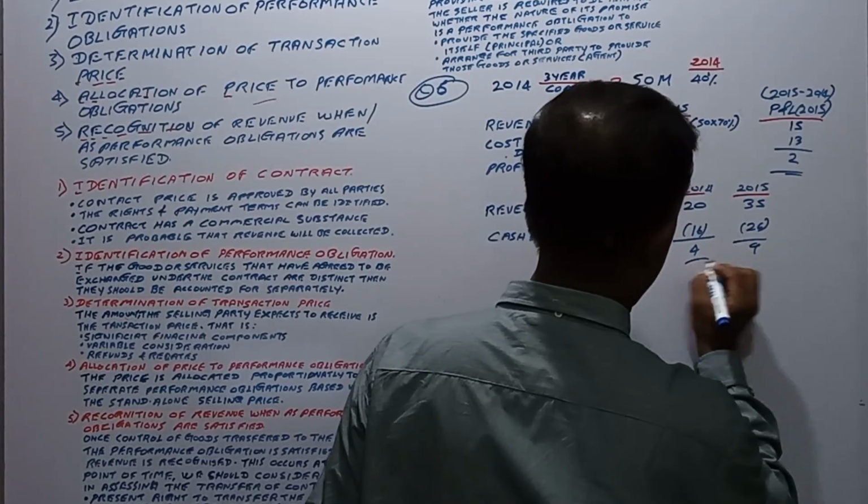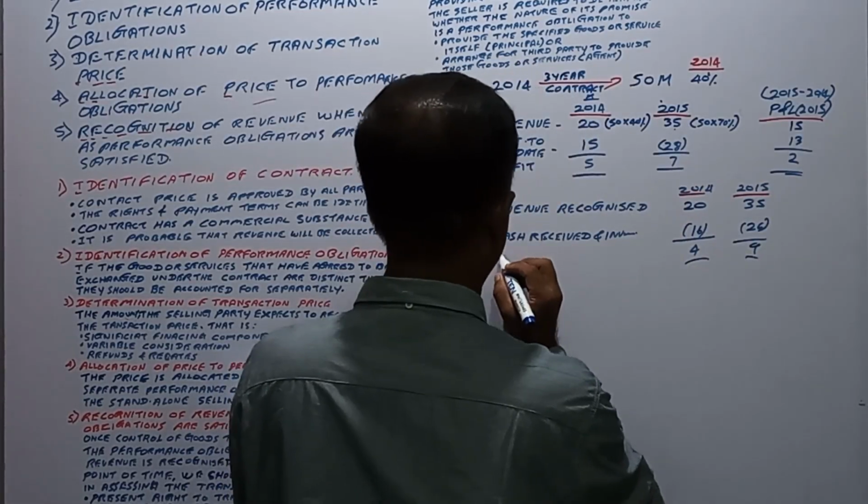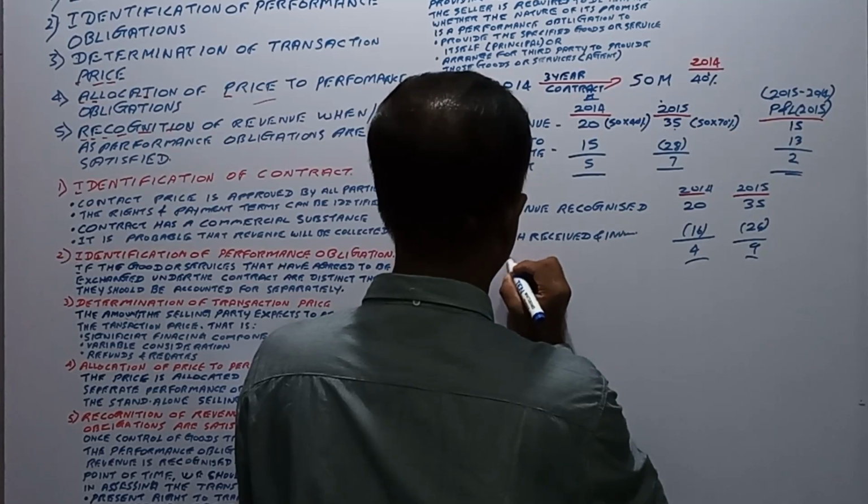This will be shown in the statement of financial position, as a contract asset or liability.